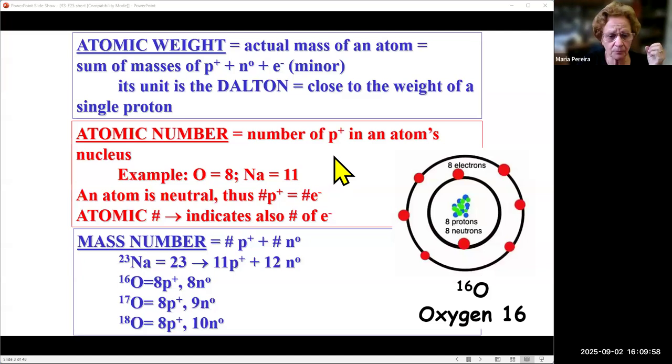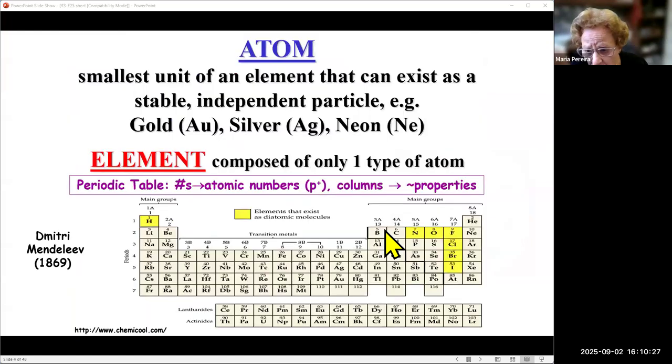So the atomic number, the number of protons equals the number of electrons in a neutral atom. So if I would say, let's say oxygen has 8 protons, that would mean that the neutral atom of oxygen would contain 8 electrons.